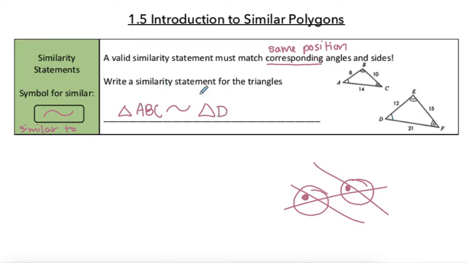A corresponds to D. B has two marks on its angle, same as E. So I'm going to match it up to E, which means F has to be matched up to C. A, B, C, we can label any way we want. Slow down and label the second triangle carefully. This is called a similarity statement, where I'm relating one triangle similar to another triangle.